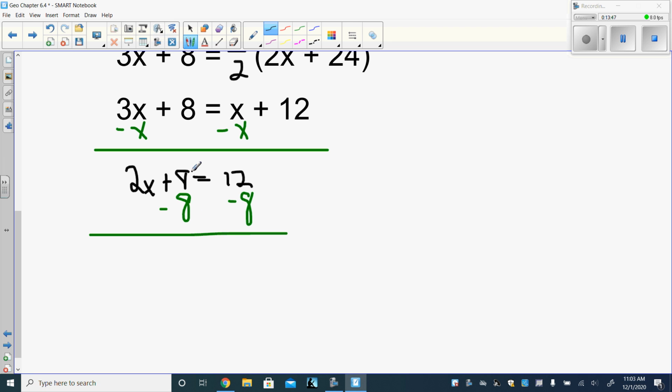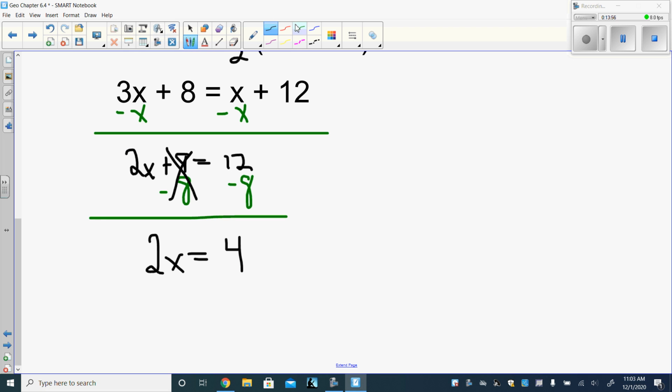And when I subtract 8 from both sides, well, 8 minus 8 will cancel, leaving me with 2x is equal to 4. And last but not least, we're going to divide both sides by 2, leaving me with x is equal to 2. And that's our answer there.